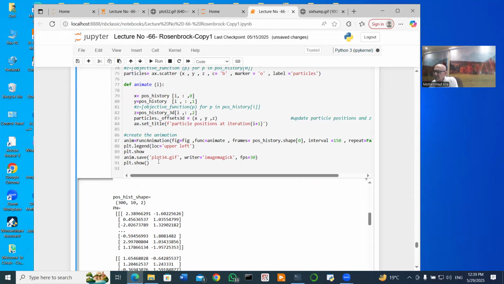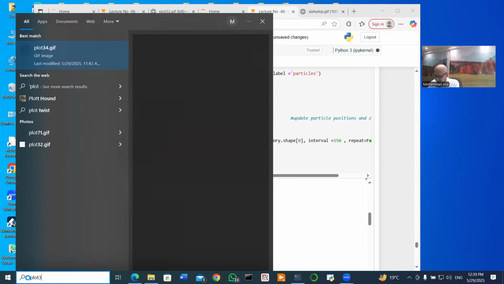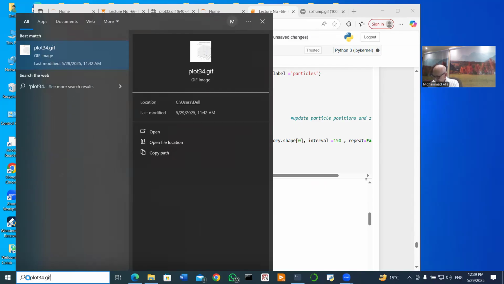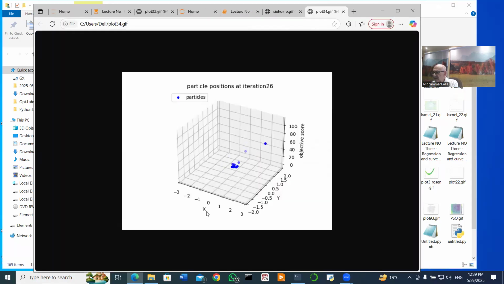So if I go to plot34.gif, and go to the file where it is, here it is, and run it, you will see the particles are gathering and converging to the same point, which is -1, -0.71.